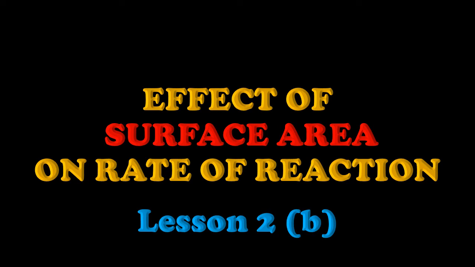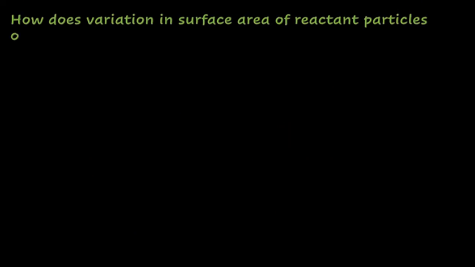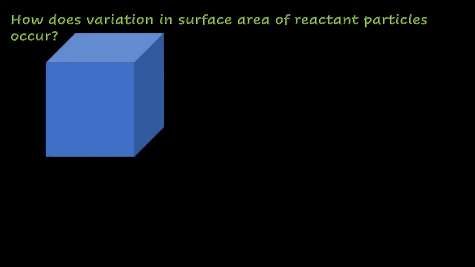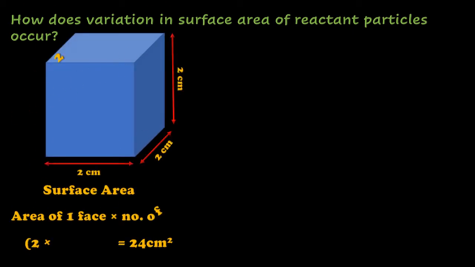In lesson 2a, we had considered that if we have a whole particle and work out its surface area, then its surface area is relatively small, even though the body looks big.